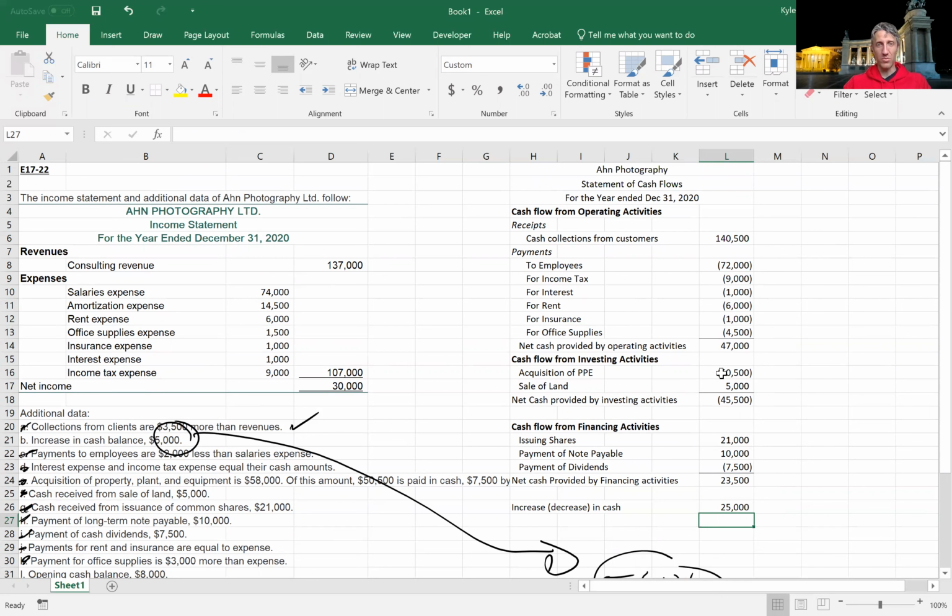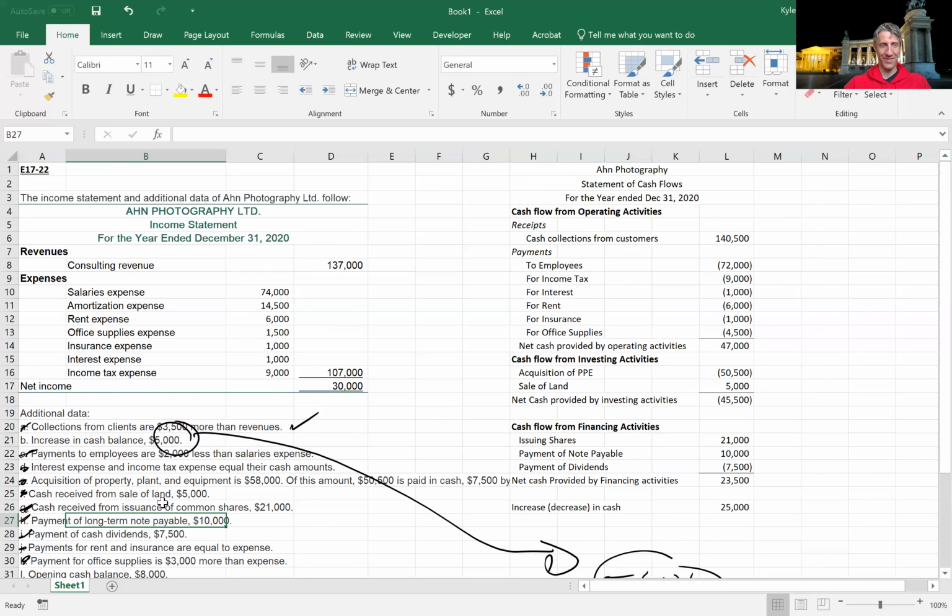Hopefully it won't take me too long to try and troubleshoot this. Interest and income tax are equal to their cash amounts. Income tax, yes. Interest, yes. $50,500, yes. Cash received from sale of land, okay. Cash received from issuing shares, 21,000. Okay. Payment of long-term note payable.